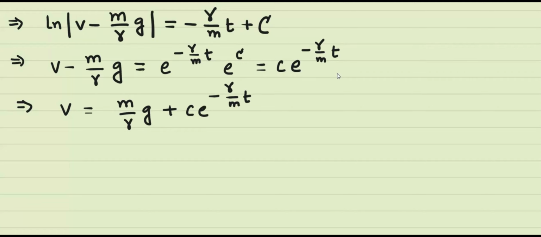So, have we found our solution? The answer is no. Why? Because now we need to insert the initial condition. So assuming that initially at some time, it can be t equal to 0, it can be t equal to some t naught, whatever it is, we have to choose the initial condition according to our convenience or the given physical problem.